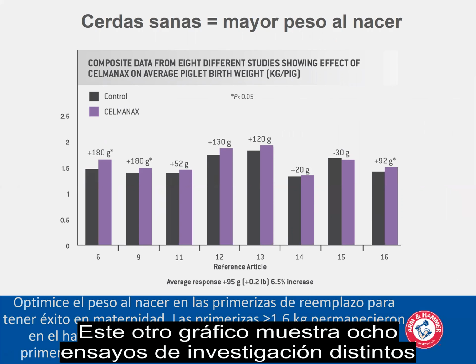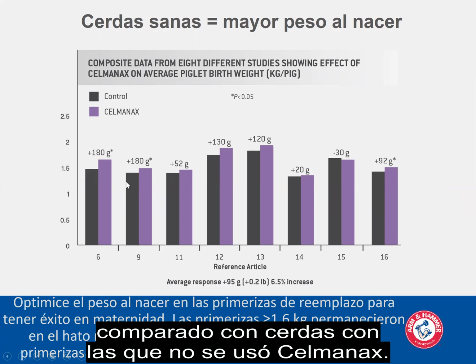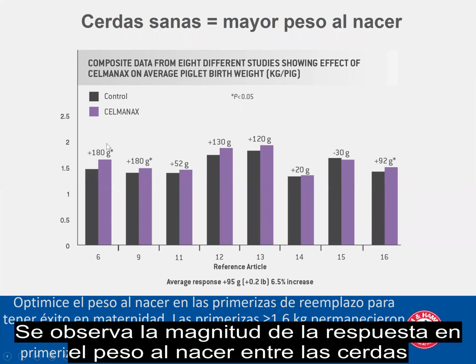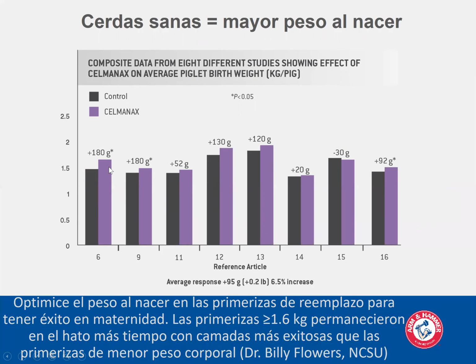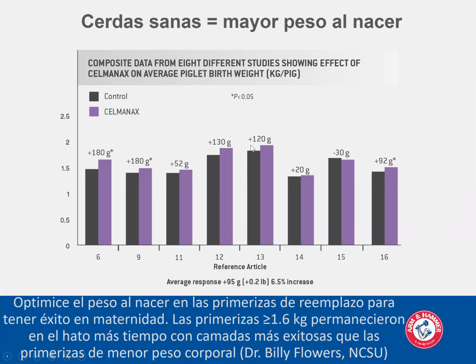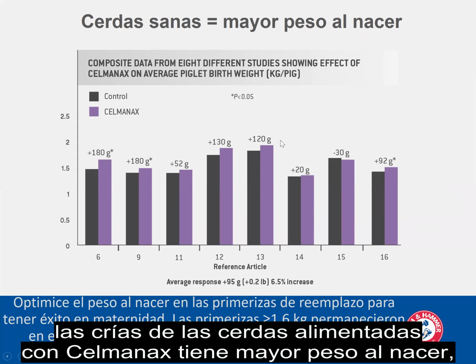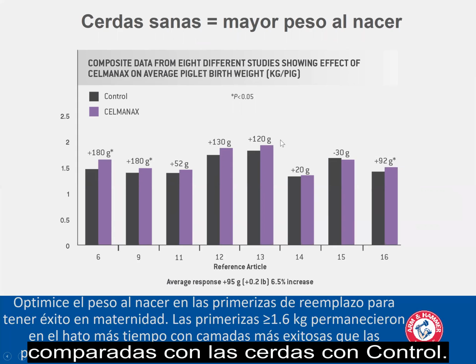So this schematic shows 8 different research trials that we conducted with Salmonax, again shown in the purple, compared to sows that were not fed Salmonax, and the magnitude of response in birth weight difference between the control and the treated sows. And what you can see here in almost all 8 of these studies, the pigs from the sows that were fed Salmonax had higher birth weights compared to the control sows.